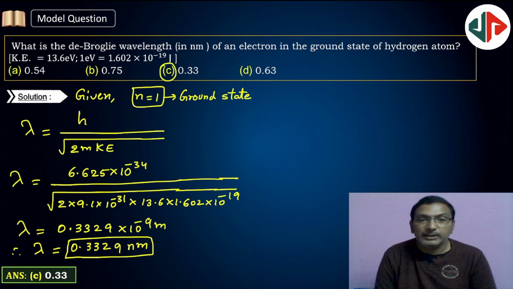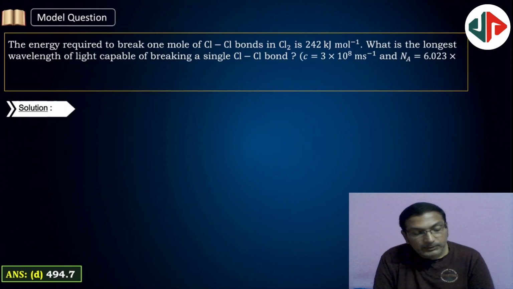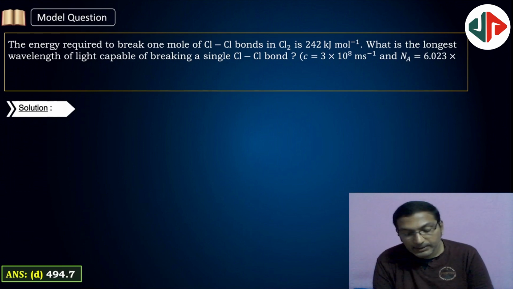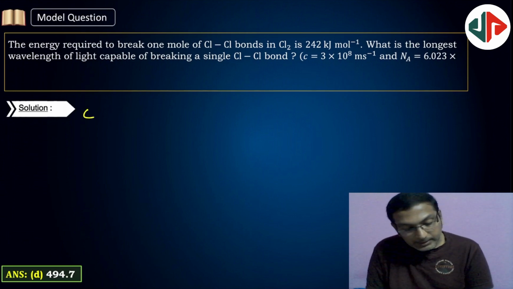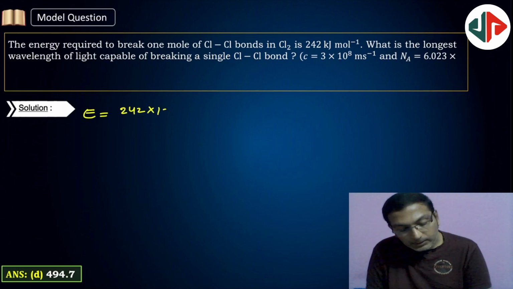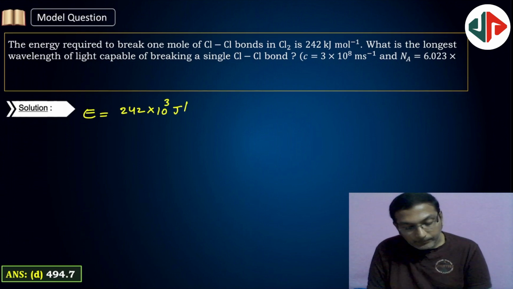This is also an important model question. The energy required to break 1 mole of Cl-Cl bonds is 242 kilojoules per mole. What is the longest wavelength of light capable of breaking a single Cl-Cl bond? Velocity and Avogadro's number values are given. So here the energy is given, 242 kilojoules, 10 cube joules per mole.